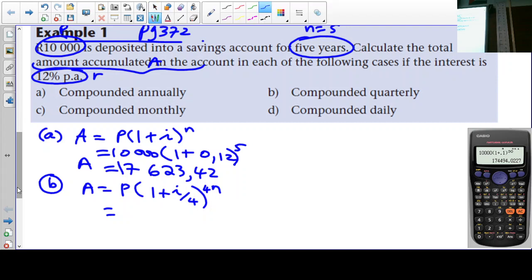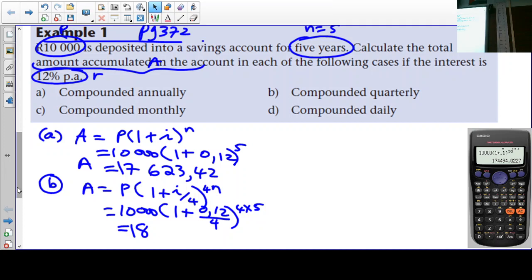Okay, so what do we get? 10,000 into 1 plus 0,12 over 4, that gives us 18,061 comma 11.